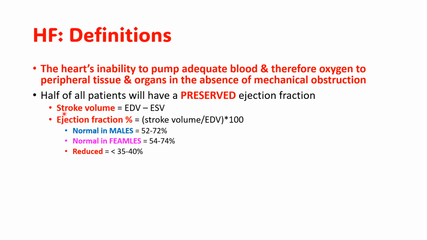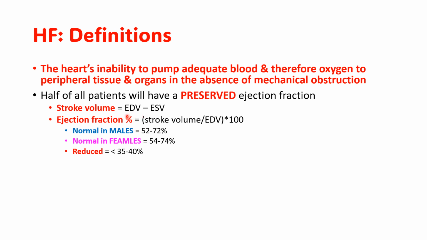First of all, we need to work out something called the stroke volume. The stroke volume is the volume of blood ejected from the left ventricle per each systole, so per ventricular contraction.